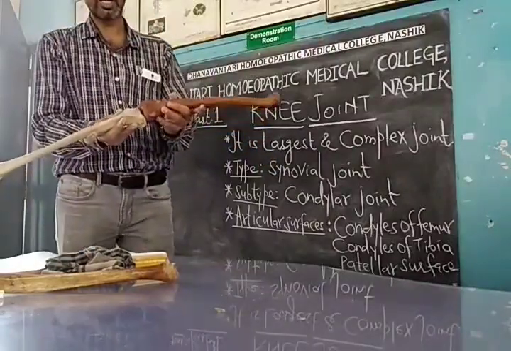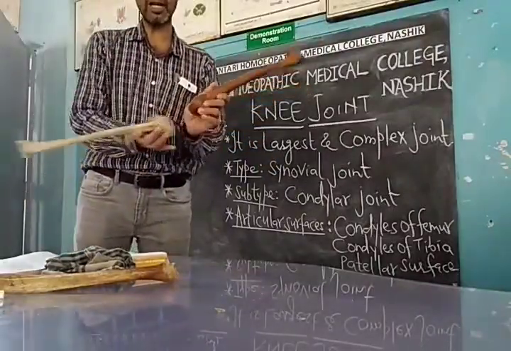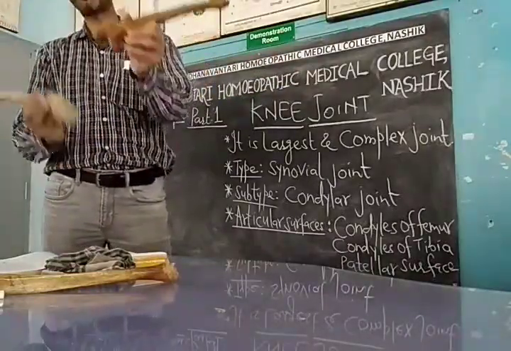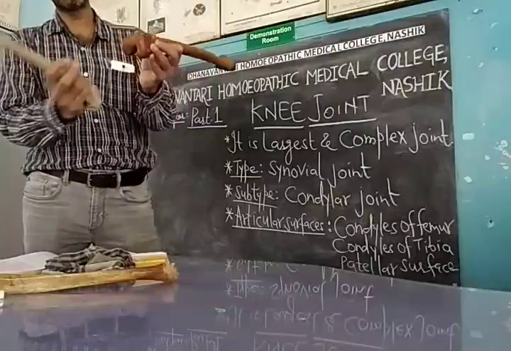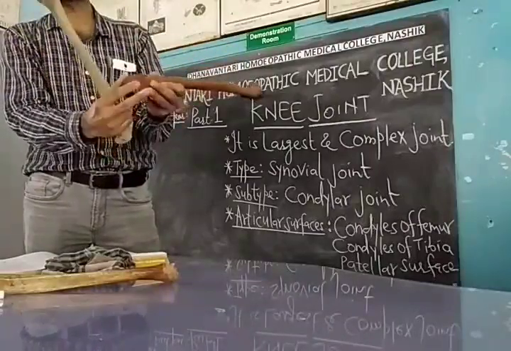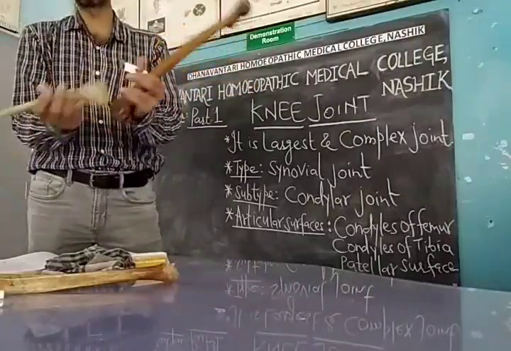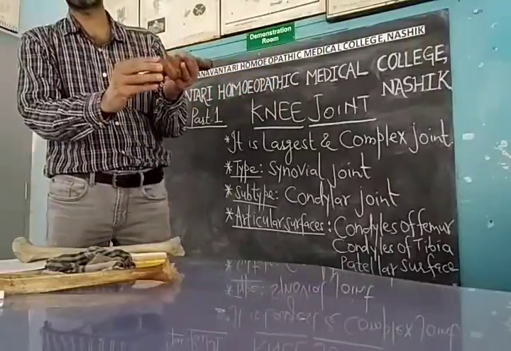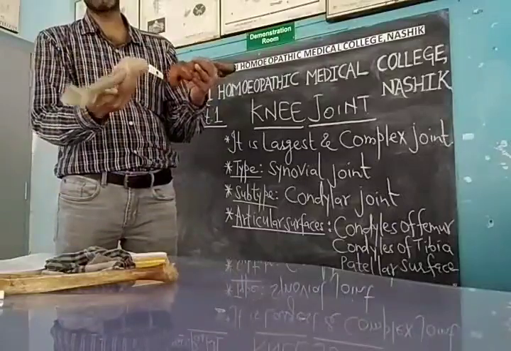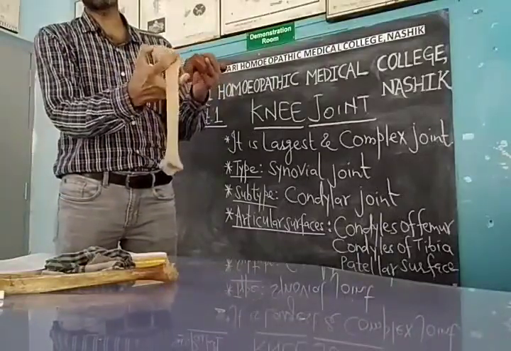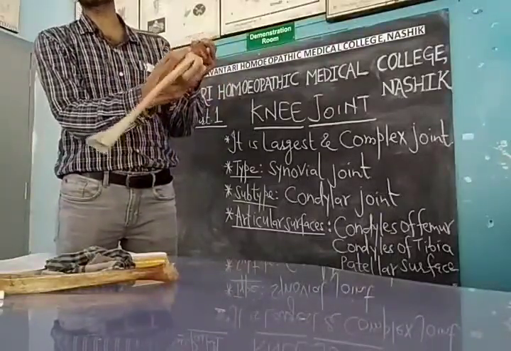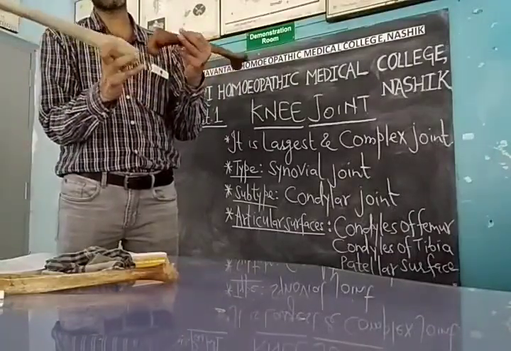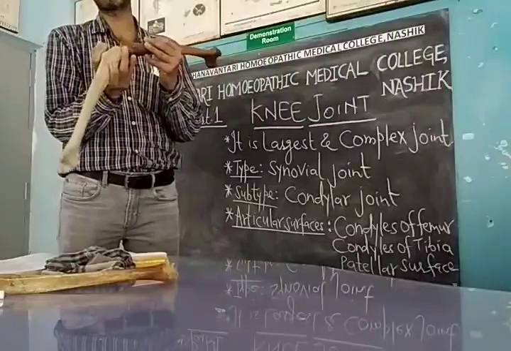Now we'll see it here: this is the tibia and this is the femur. These are the condyles of the femur and these are the condyles of the tibia. This is the medial condyle of the femur and the medial condyle of the tibia, therefore this is the medial femorotibial joint, and here is the lateral femorotibial joint.